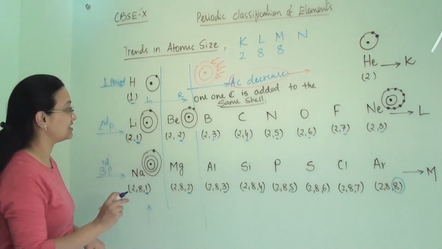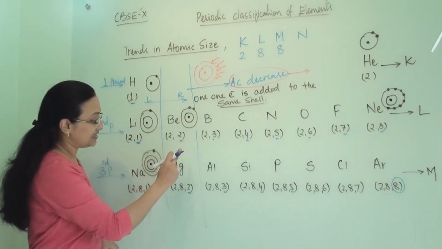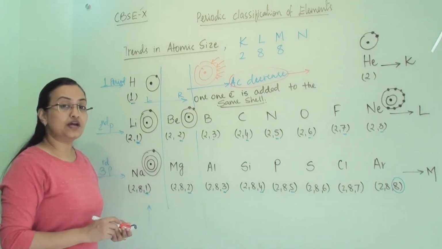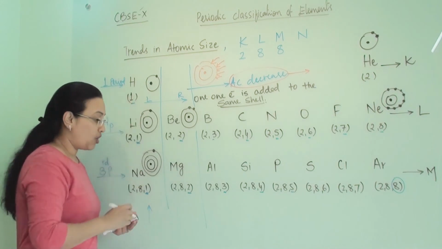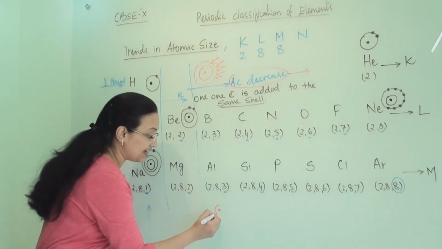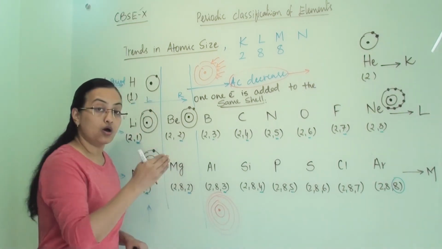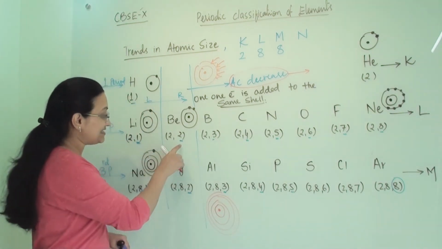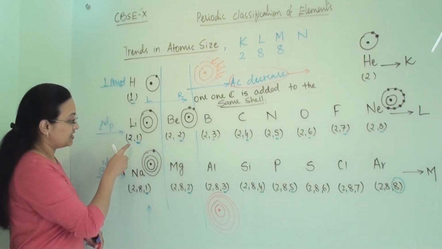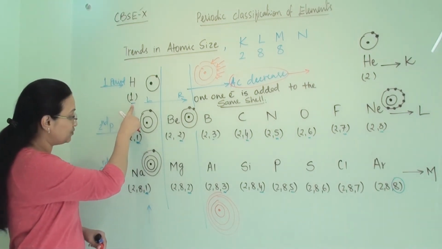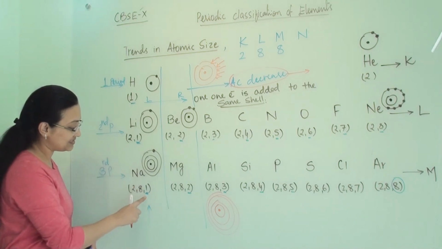Let us check the second group. 2 electrons in valence shell, 2 electrons in valence shell. That means when we are going top to bottom, what will happen? We keep on adding up the orbitals and the valence electron will remain the same. See here, only one orbit, but the valence electron is 1, valence electron is 1, valence electron is 1.